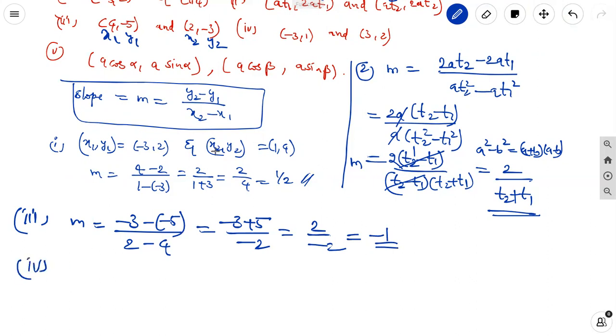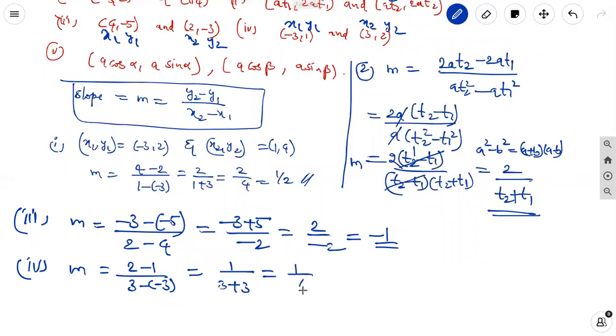Fourth one, x1, y1, x2, y2. So m equal to 2 minus 1 by 3 minus of minus 3. 1 by 3, minus into minus plus 3. 1 by 6.